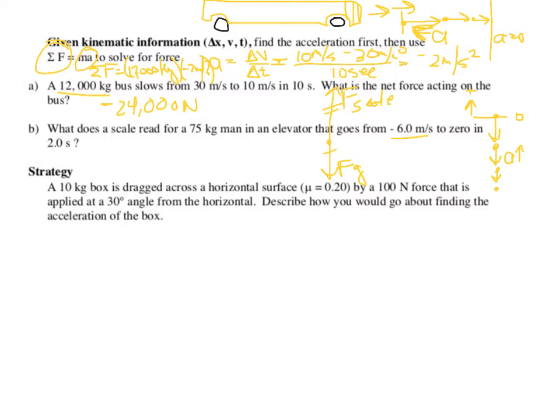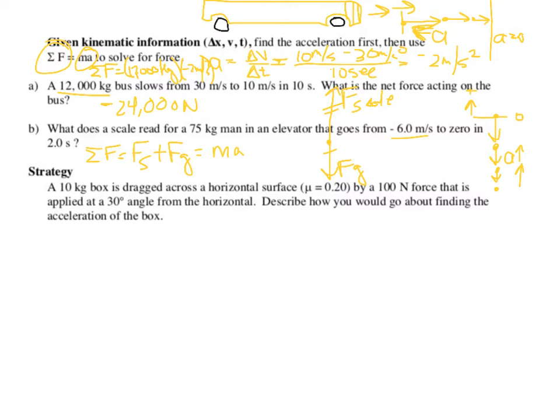Because it has to be bigger. Well, how do I know? Well, look at the motion map. A is up, which means the imbalance has to be up, which means the force of the scale has to be bigger than the force of gravity. And that also means that the summation F of scale plus F of gravity equals ma.